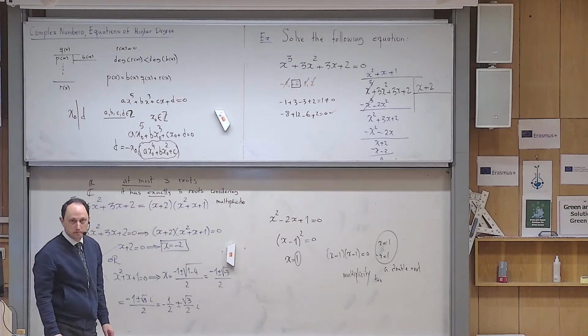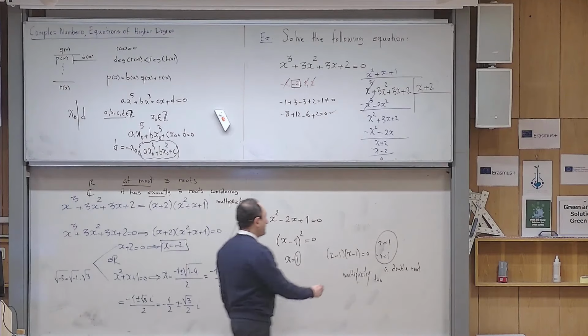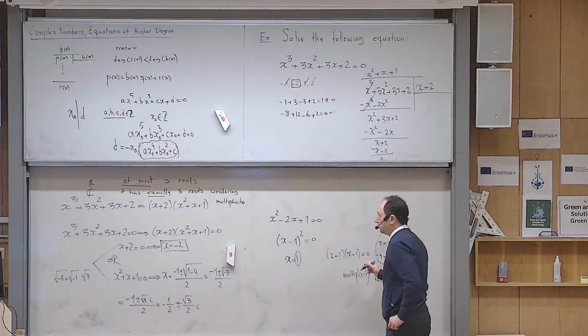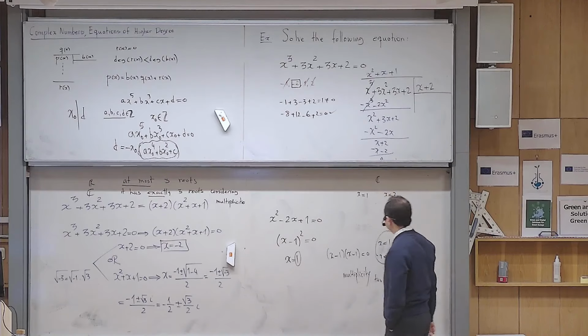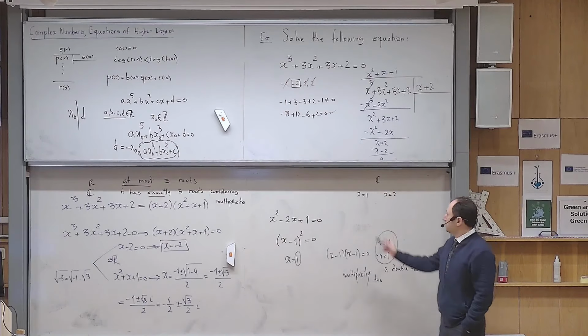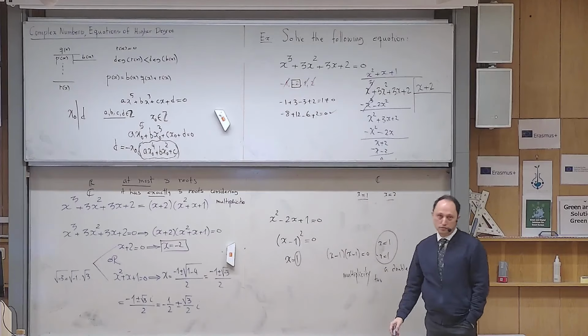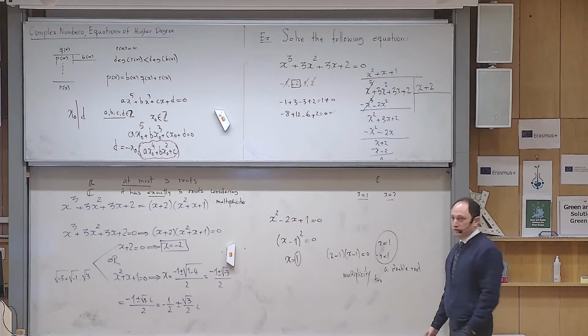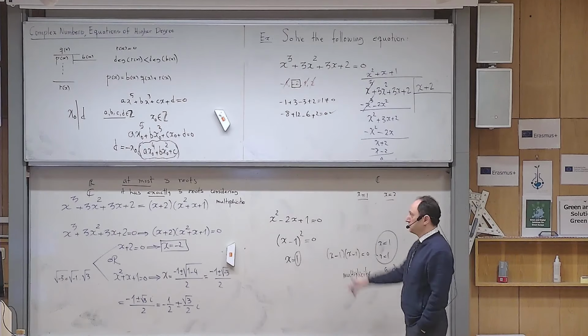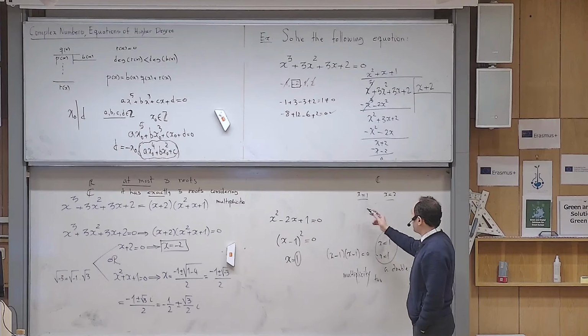Yes? So for example, if you have a third degree polynomial and you solve it and you find 1 and 2 only in the complex numbers, you can conclude that one of them is a double root. Is that right? For example, in the complex numbers, you solve a polynomial equation and you get only one answer.